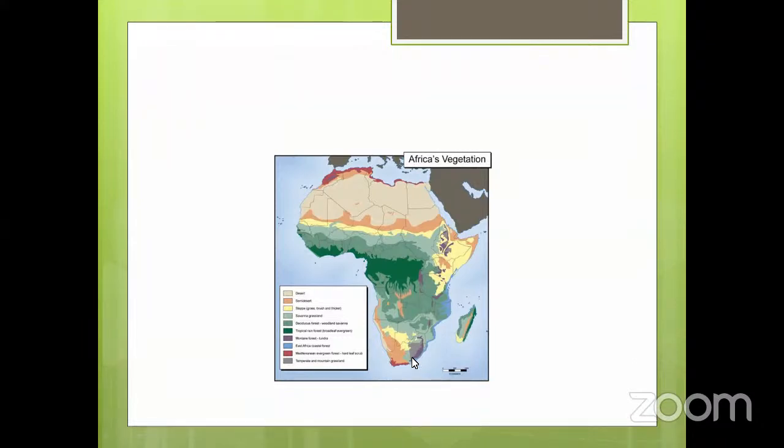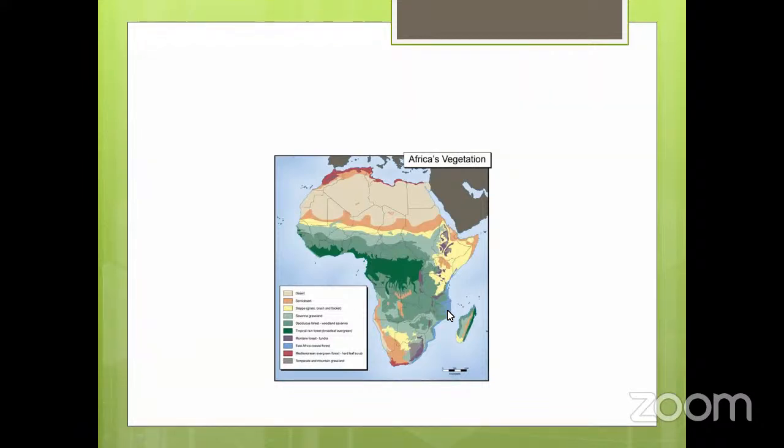Then we have this one as our mountain vegetation. It is spread all over Africa because here we have the Ethiopian highlands, and here we have the Drakensberg Mountains. Then which one haven't I talked about? This one next to equatorial is savanna grasslands. Then mangrove.